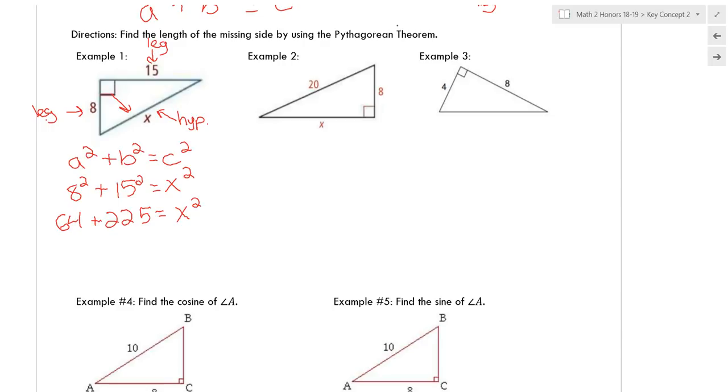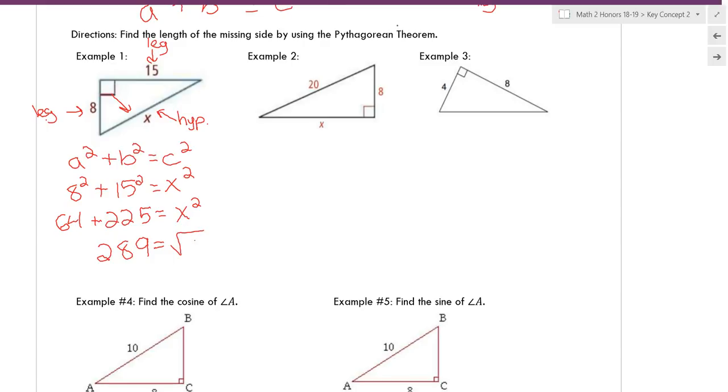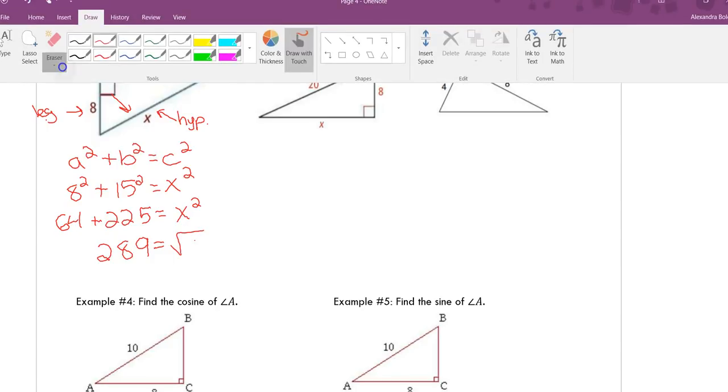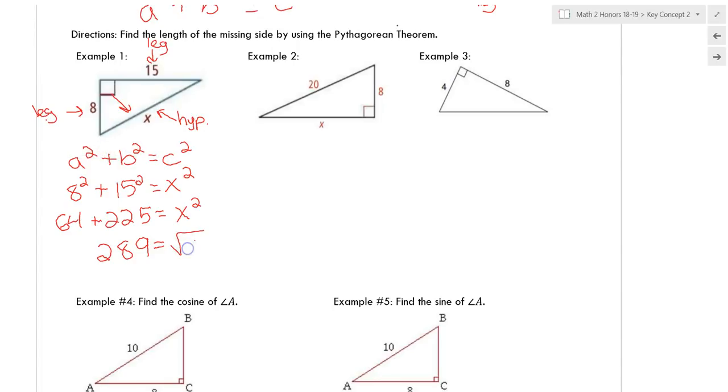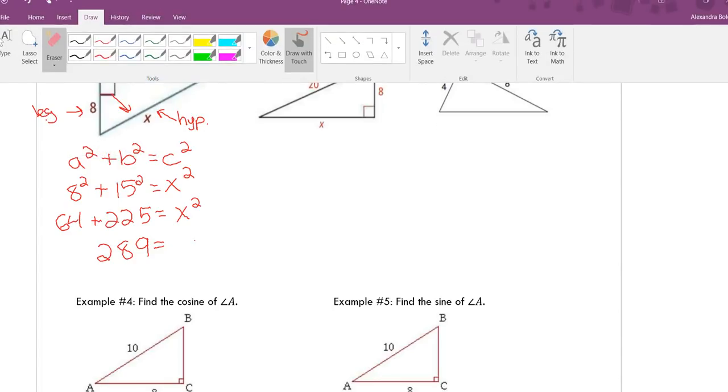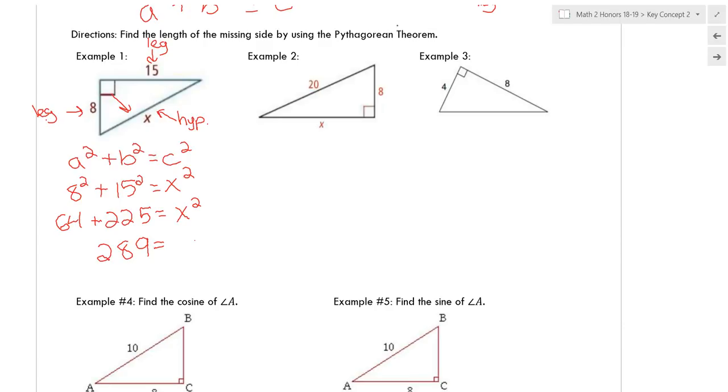So then 64 plus 225 is 289. 289 equals x squared. Then I can take the square root, and x equals the square root of 289, which is 17.